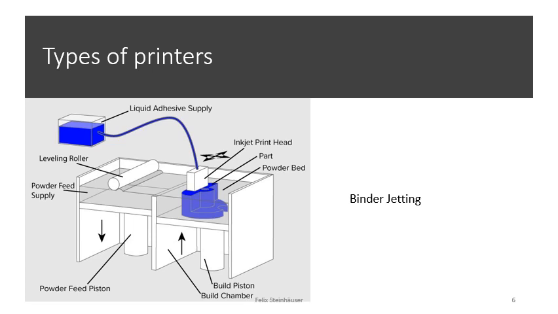Then an inkjet nozzle passes over the bed and deposits droplets of a binding agent, like a form of glue, to bond the particles together. When the layer is complete, the build platform moves downwards and it all starts from the beginning again.